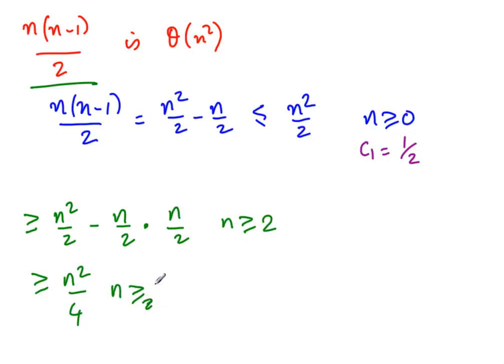So now I have two bounds: one upper bound when n is bigger than 0, one lower bound when n is bigger than 2. I can now combine these, and if I choose n0 equal to 2, c1 equal to half, and c2 equal to 1/4, then I will find that this always lies above 1/4 n squared and always lies below half n squared, provided n is bigger than or equal to 2.